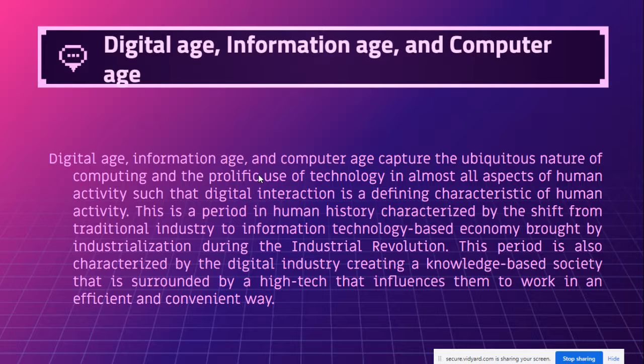So, digital age, information age, and computer age are what we can use for computing and for the prolific use of technology in almost all aspects of human activity. Because of this, we can use it in a proper manner, where we can use its great potentiality, capability, and functionality as a whole.